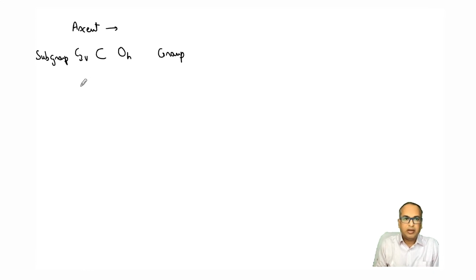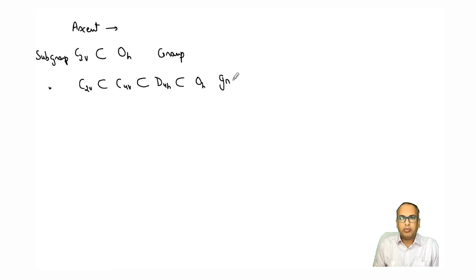Similarly, the second one: you start with C2V. C2V is a subgroup of C4V. We have seen that in that example. C4V is a subgroup of D4H followed by OH. This side is the subgroup, and this side is the group, and all of these are related, right?